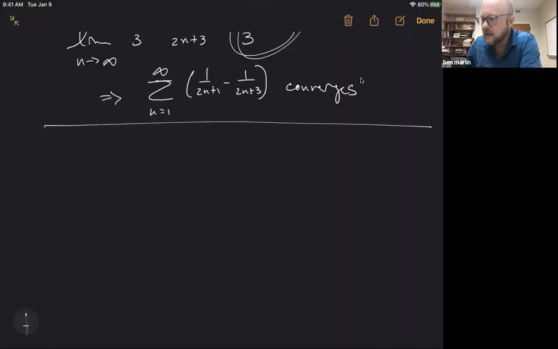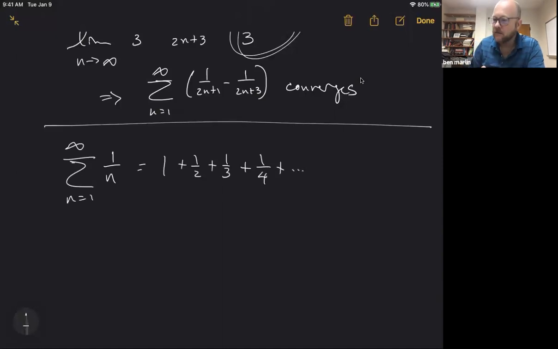You know, the problem is that there are series that have hidden stuff going on where they look like they should converge and they don't. The quickest example for that, and this is a little bit of a tease for tomorrow's stuff, the quickest example to see is the summation from n equals 1 to infinity of 1 over n. That would be 1 plus 1/2 plus 1/3 plus 1/4 plus ... and it would continue on forever.